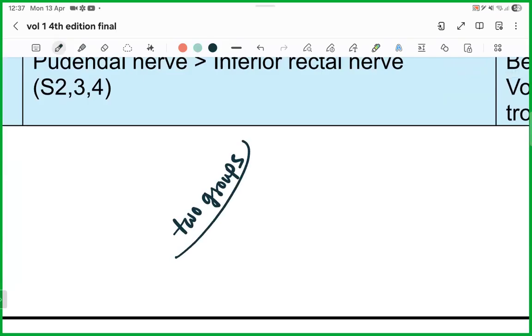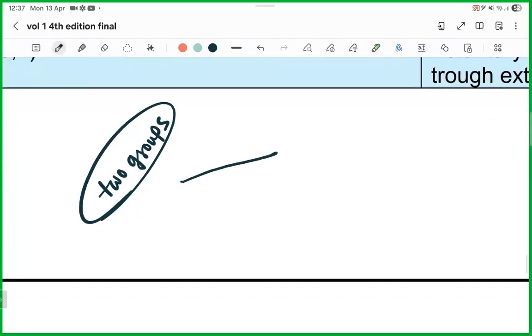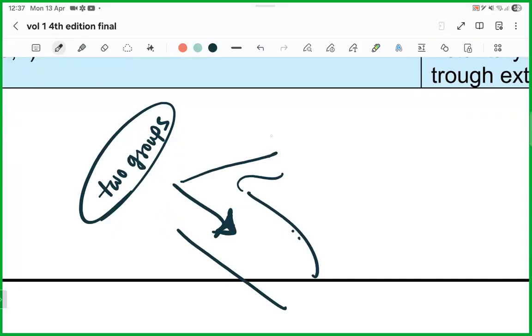Two groups. One is vertical, one is horizontal. Now, remember this arrow. Here are our legs and here is our perineum. Remember lower part of anal canal, labia.